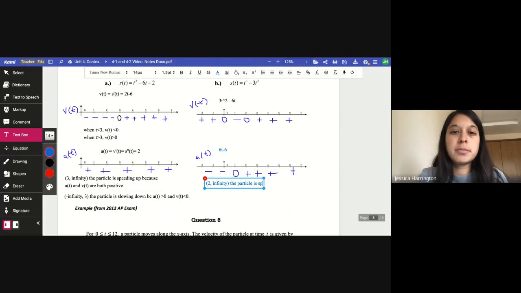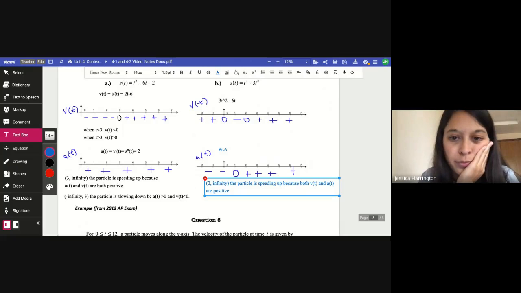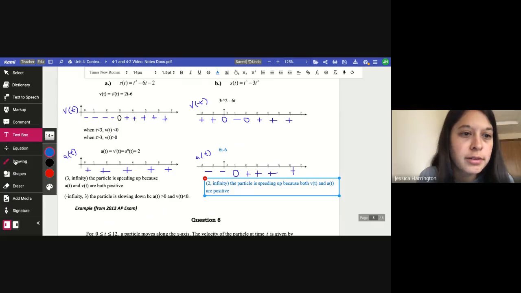The particle is speeding up because both v of t and a of t are positive. Okay? And then we can also see that it's negative here. So actually, if we look at this, I'm going to draw a line.